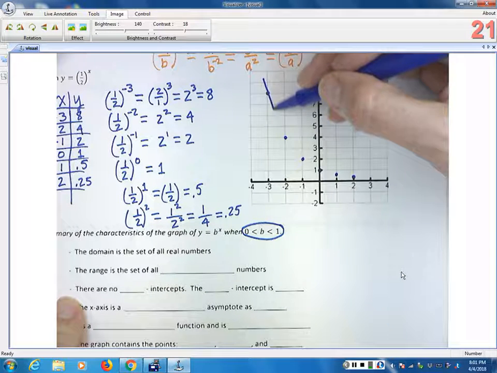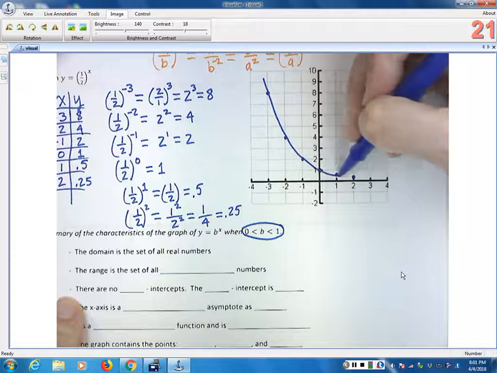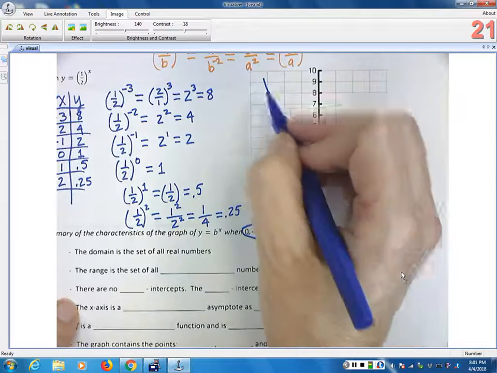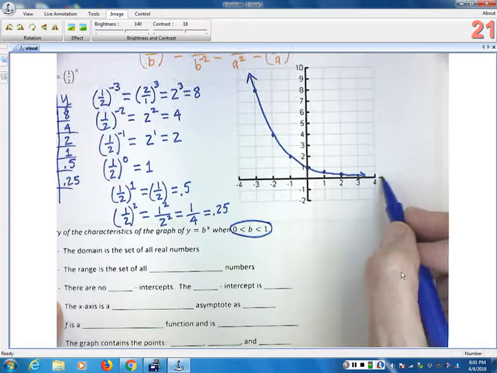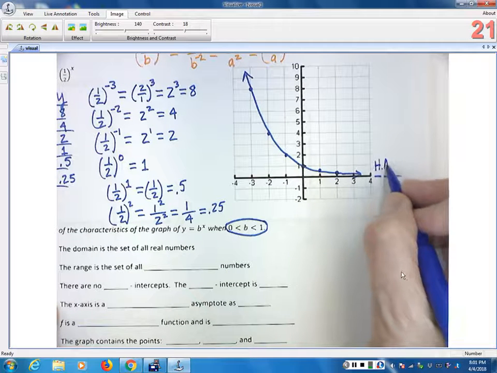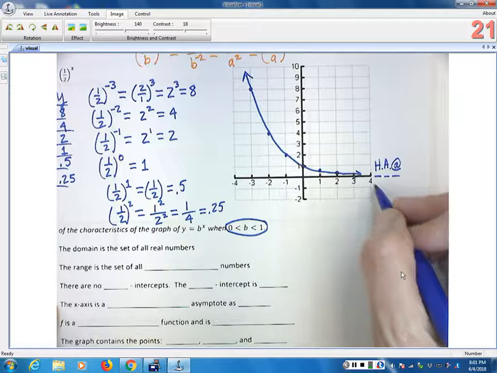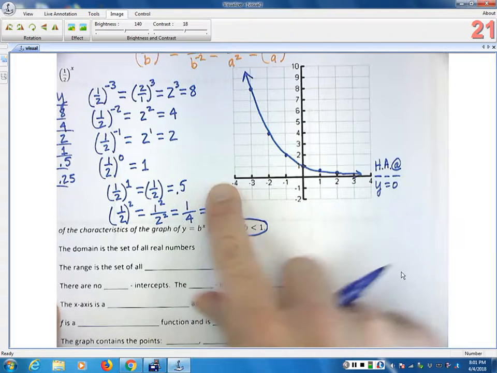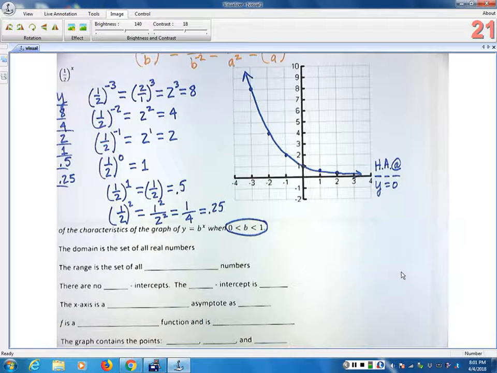Draw a smooth line. It has arrows on the ends. It has a horizontal asymptote at y equals 0. If you don't have room, you could mark the asymptote over here, but it's nicer to mark it on the side where it's actually being an asymptote.